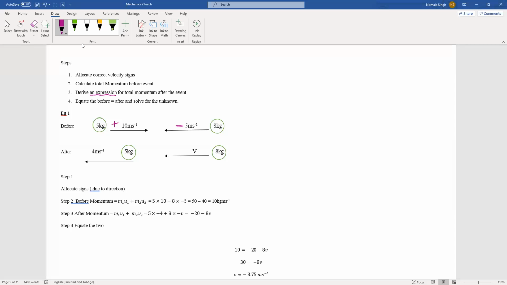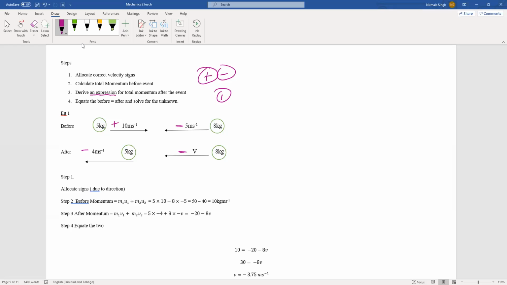And then the 4 meters per second, is this moving negative or positive? Negative, good. We do not know V, so let us assume that V here is also negative because they said it's moving in that direction. So we have done step 1 where we put our plus and negative signs.